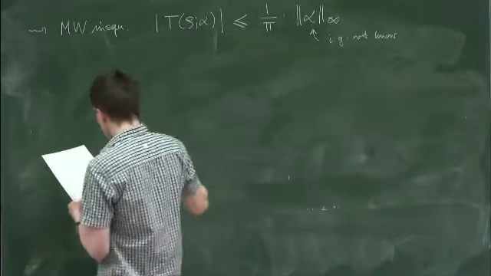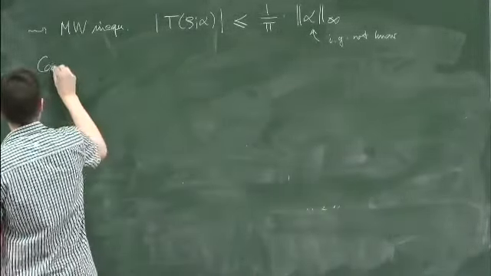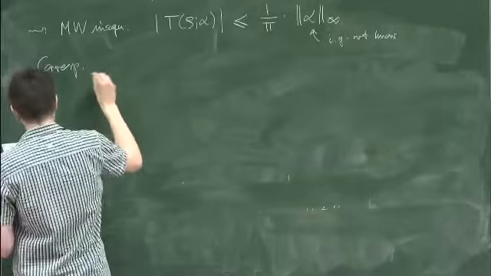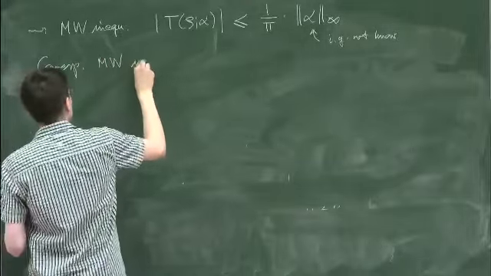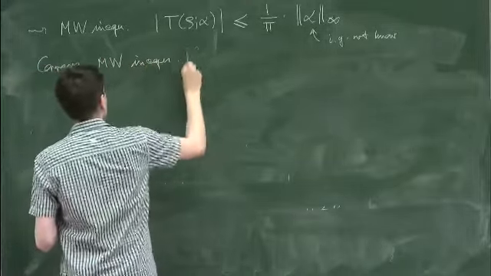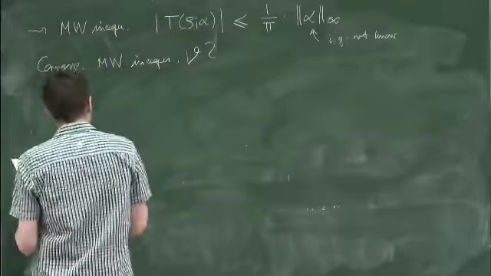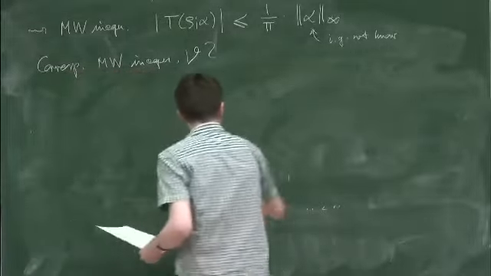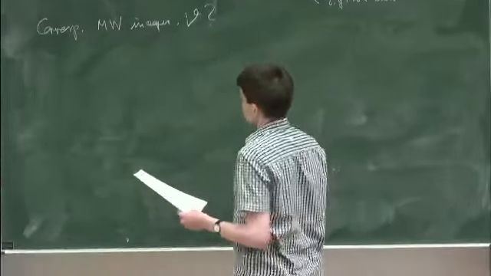But still, we have this inequality, and we can ask for the corresponding Milnor-Wood inequality for the bundle V. We were only able to carry this out in a particular case.